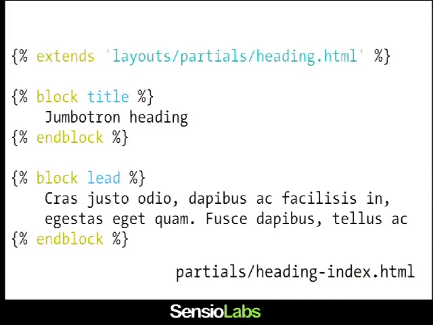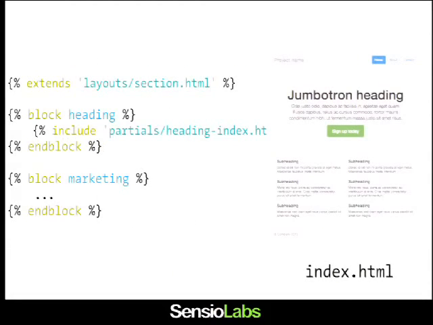So for the index.html page, I can create a new partial, heading-index.html. So this is the heading for the index page. This is a partial. We extend the heading, and as you remember, probably, we had a block named title, another one lead. So we provide the content for the title and the lead. And here is the main template.